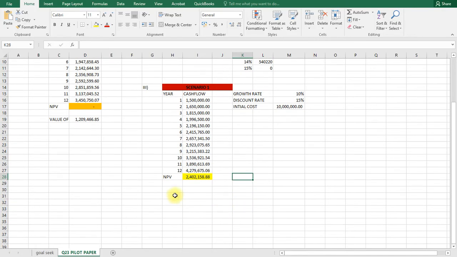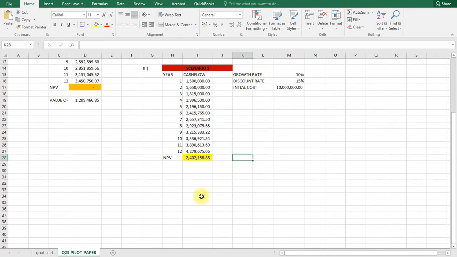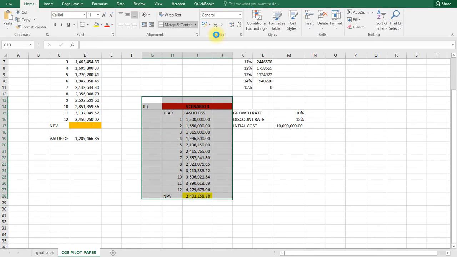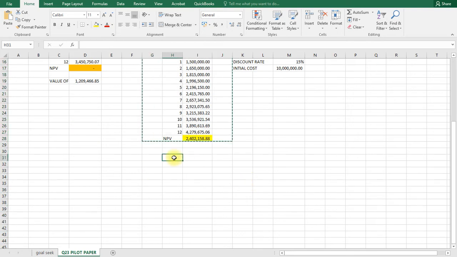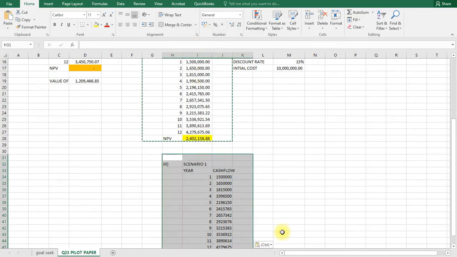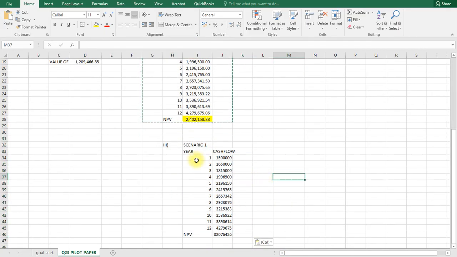So I can copy the same value here. You copy that, you paste it here with the formulas. So this will be our scenario 2.